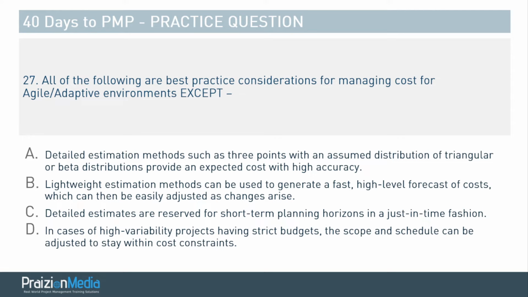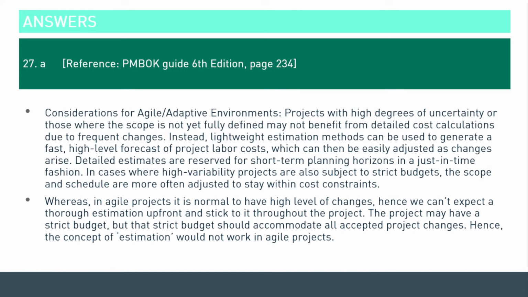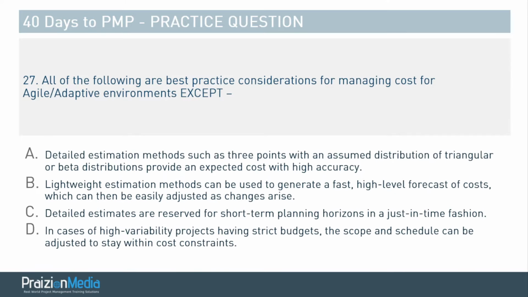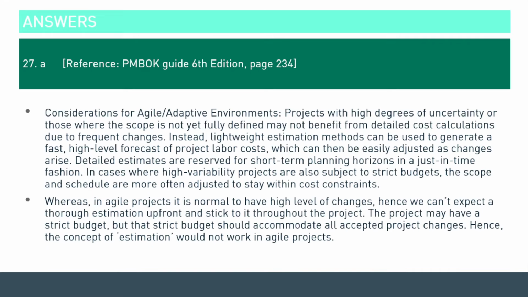You got to get used to reading quick. All right. 3, 2, and 1. All right. Let's move on and check the answer. The answer is A. So if you look at this statement, detailed estimating methods, 3 points, so on, we don't use that in Agile. And that's why the answer is A.